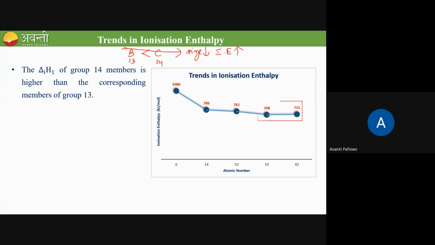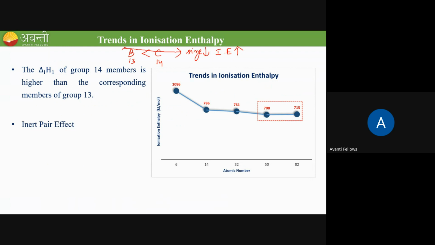Coming to the last two members, tin and lead, they have more or less similar ionization energy values. Tin is 708 and lead is 715. It is due to the inert pair effect, which I have already taught you. The reluctance of s electrons to take part in bonding is called the inert pair effect.